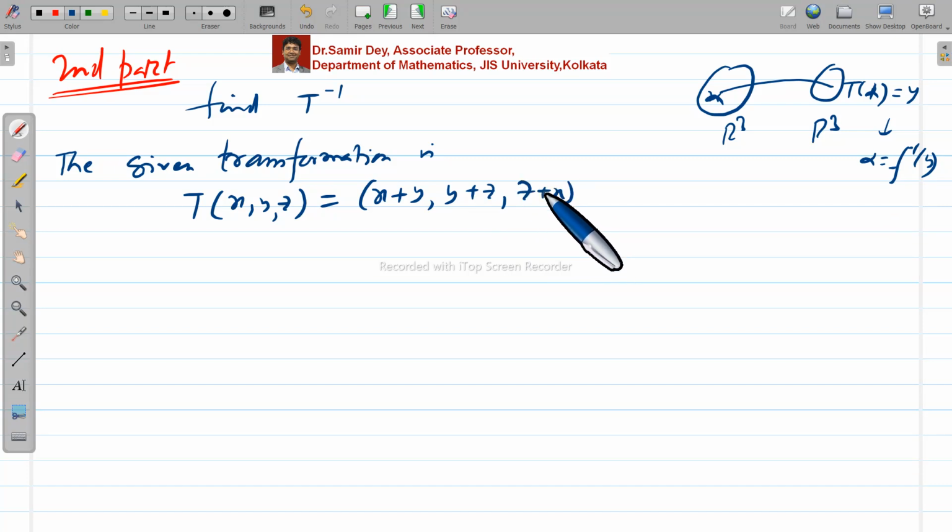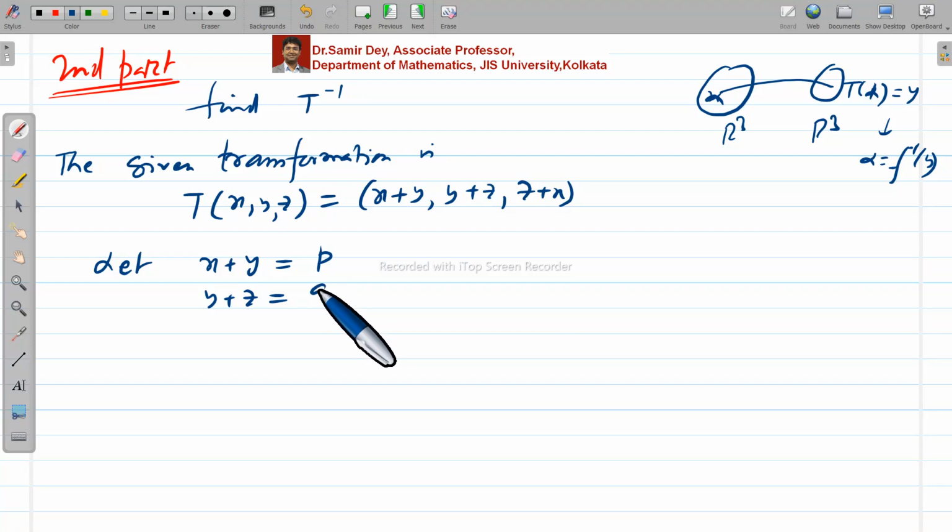Clear? So this relation is given. So now you write down, let x plus y is equal to p, y plus z is equal to q, and z plus x is equal to r.